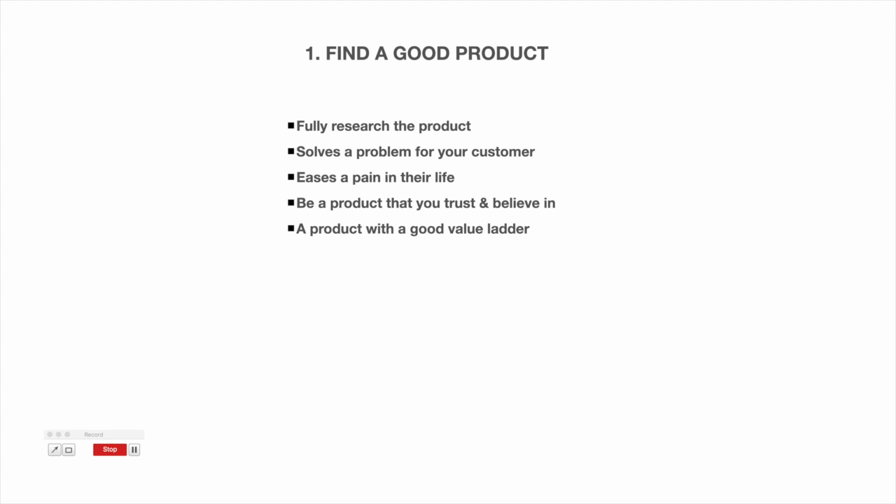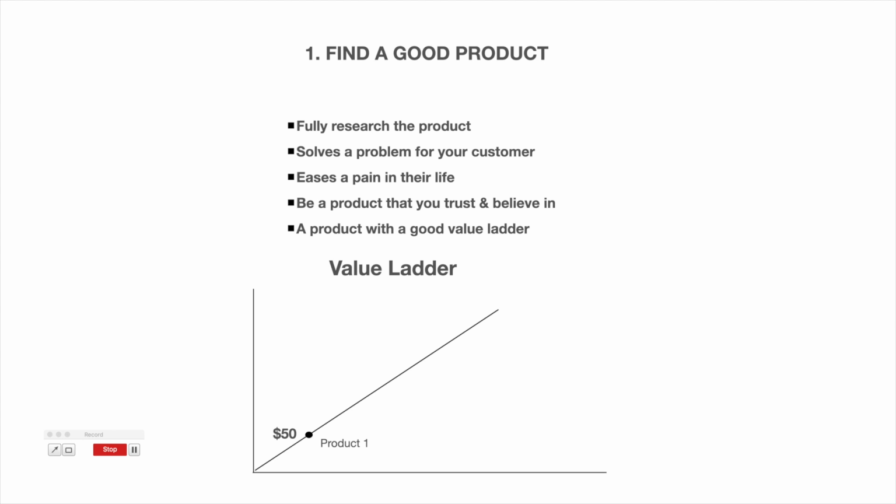And equally important, it needs to be a product with a good value ladder. Now let me explain what a value ladder is. If you're selling a product for $50, or that pays you $50, but there's no other products, no other upgrades or upsells from that supplier, that means you can only possibly earn $50 from that customer.